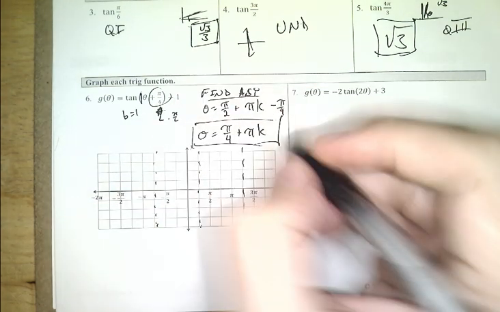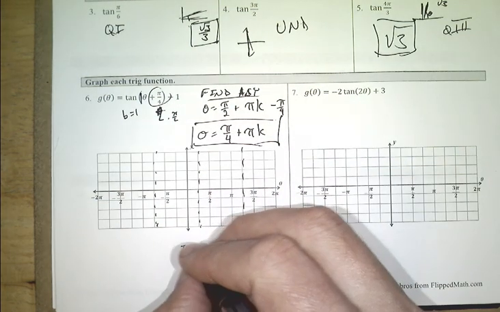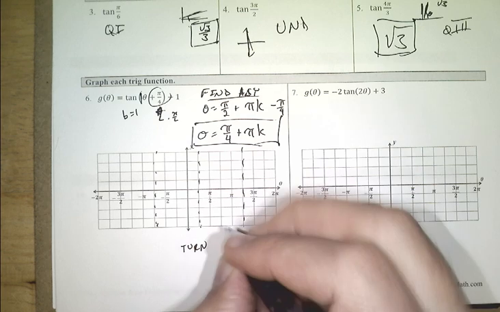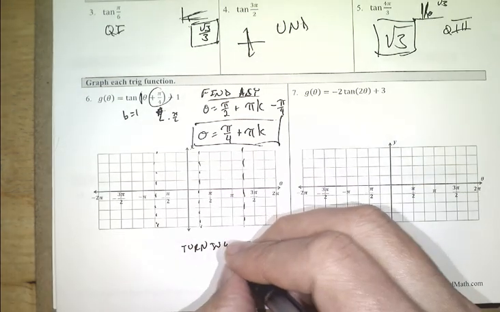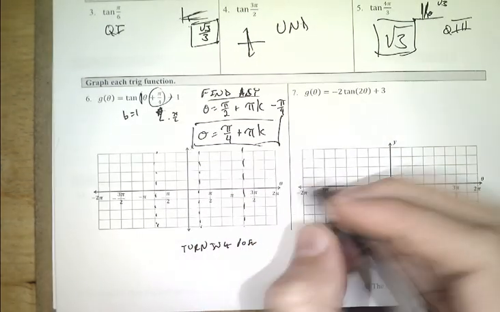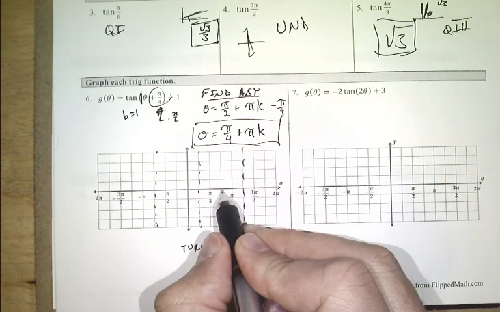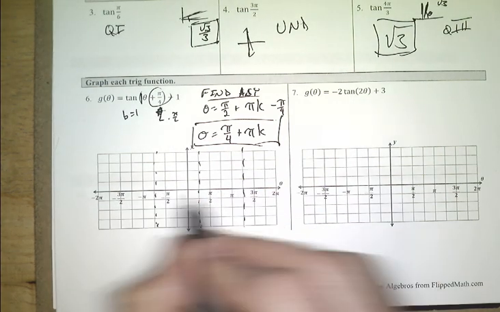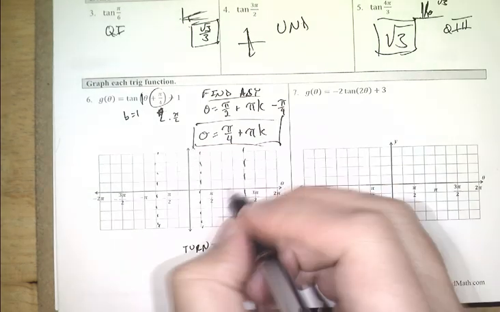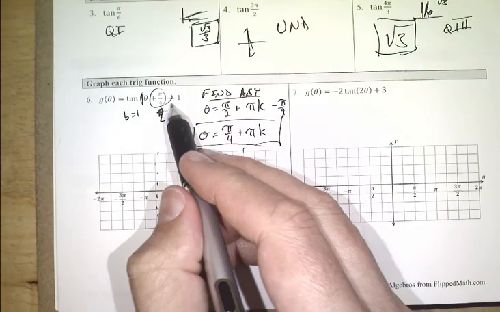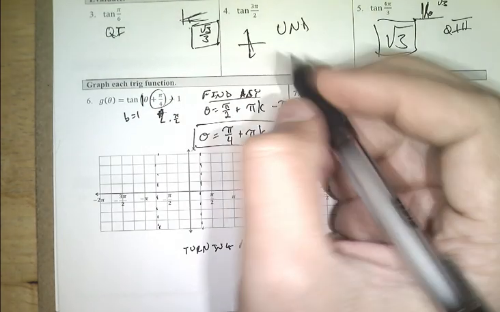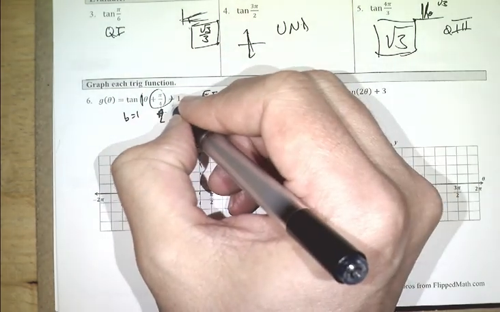Next, we need to find the turning point. And that is going to be on the midline, or on the x-axis, halfway in between the asymptotes, so right here. But did I mess that up? I can't see what that used to be. I think that used to be a -1.